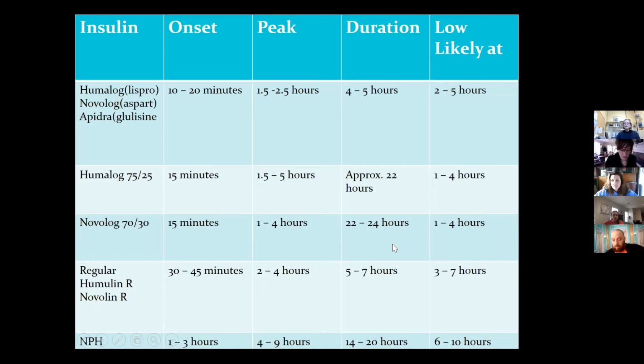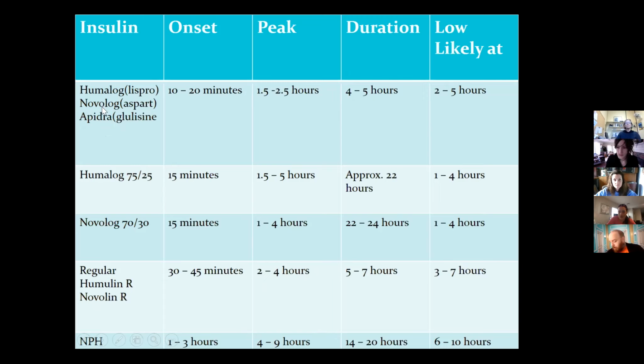Professor, do we need to have a good handle on which one of these would be rapid, long, short? Okay, I'll tell you, the rapids are right here. Lispro, Aspart, and Glulisine, also known as Humalog, Novolog, and Apidra. Apidra we don't use in this country. This is more of a Canadian insulin.